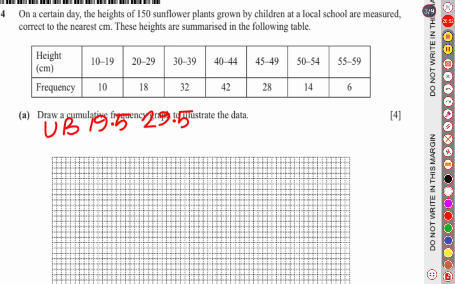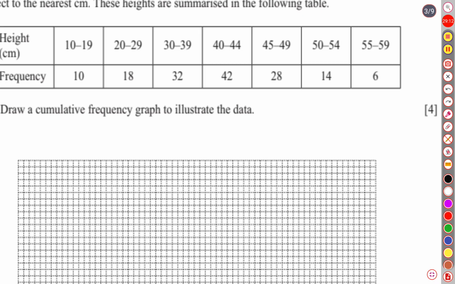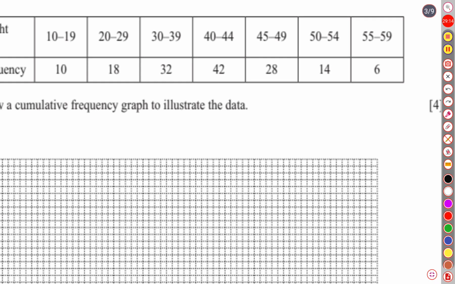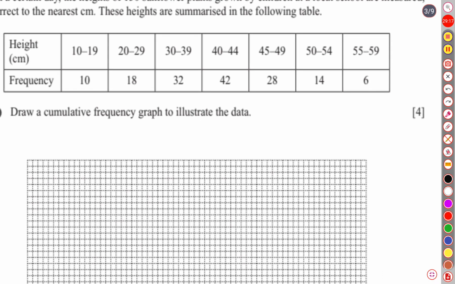I think I can write the whole class. Okay, so we can start. Let me write the whole of the class width. Let me draw one more table, or in the given table we can write.